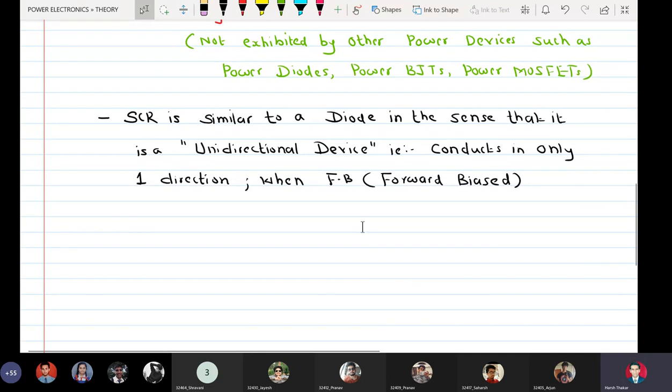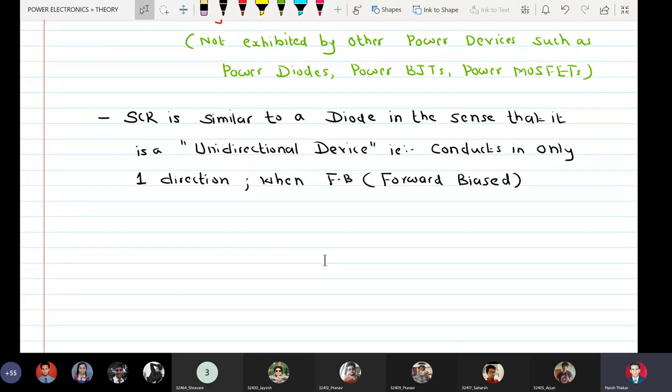Okay, but the dissimilarity, or what makes SCR special compared to a diode, is that SCR has an ability to control its conduction even after it is forward biased. So we had touched upon this point while discussing the fundamentals, that why a diode is called as an uncontrolled rectifier and why SCR is called as a controlled rectifier.